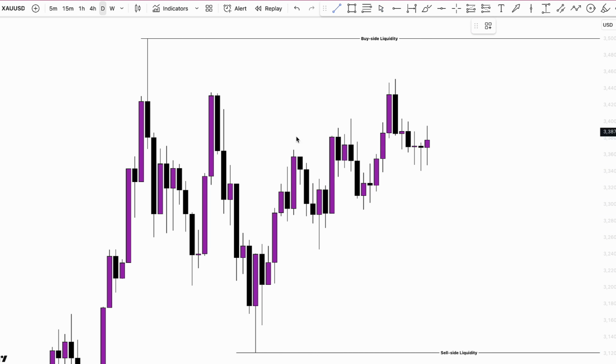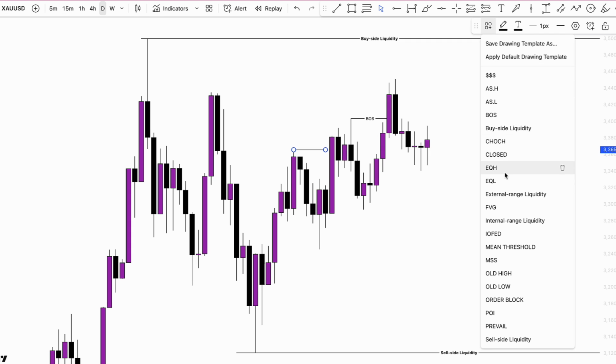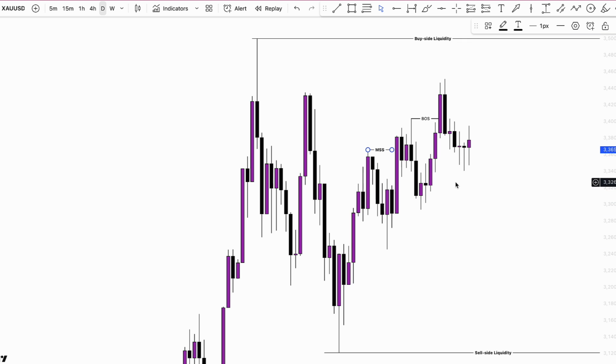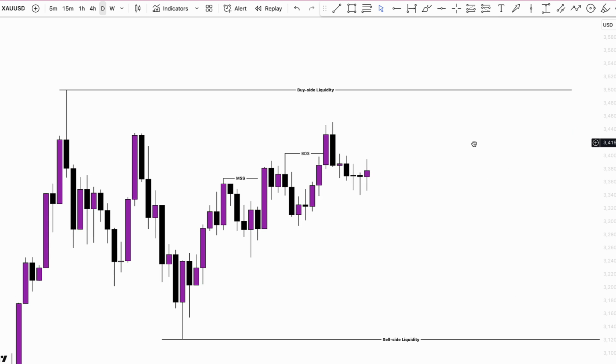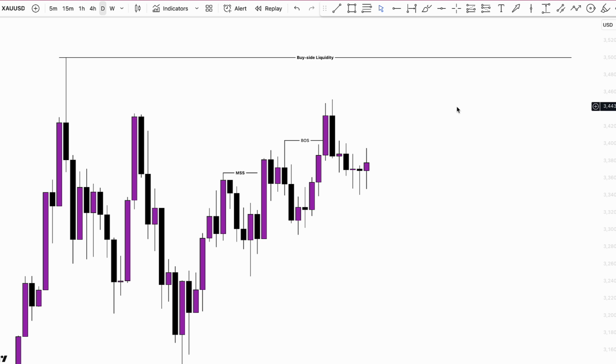How? We had a shift in market structure to the bullish side here, a break of structure to the bullish side here. So everything here is indicating price going bullish and the buying pressure is much. So this is a market structure shift. Now, what I have here is the movement that is trying to go into the buy side liquidity that I have there. But that is not everything you have.